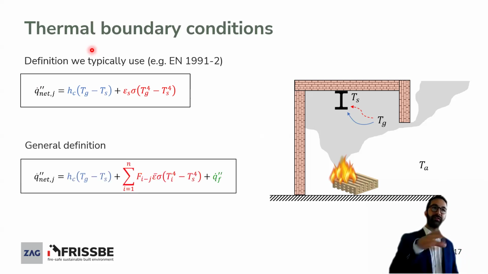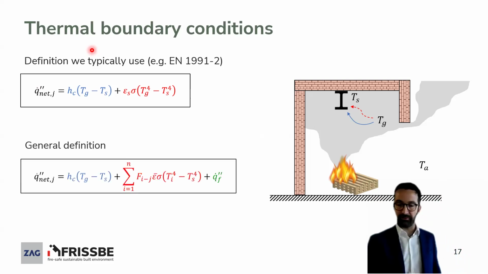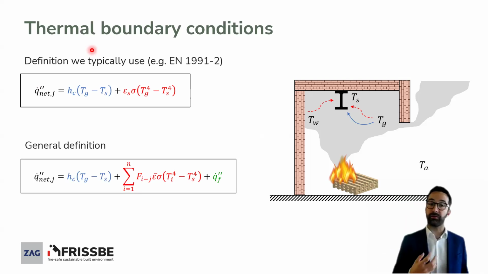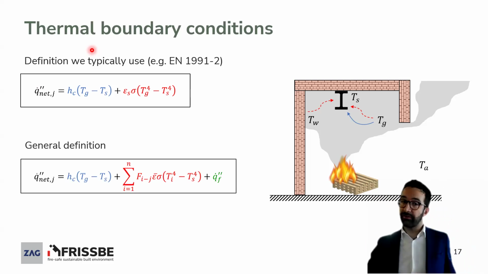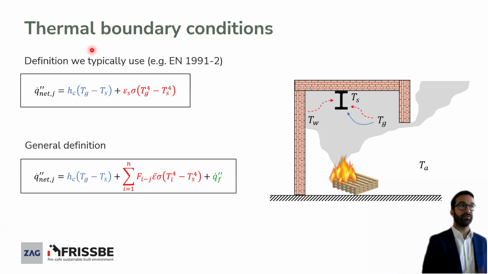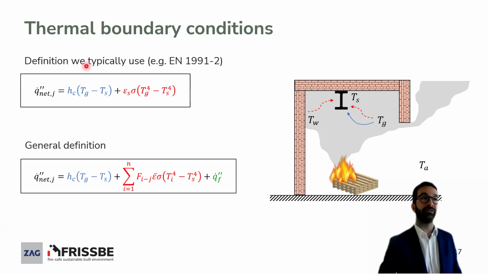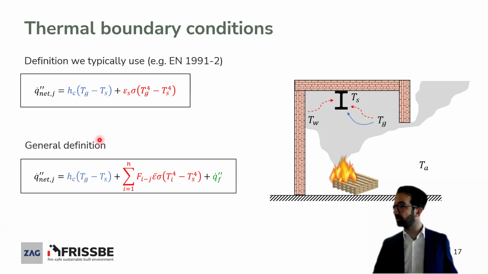But then when you start having different conditions in the compartment and you try to generalize this, particularly for the growth phase, but also for the fire decay and the cooling phase, you see on the left the convective term. So you would have to discuss which gas temperature you actually have to consider.